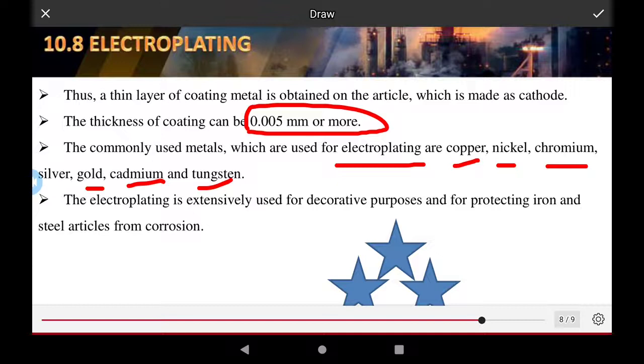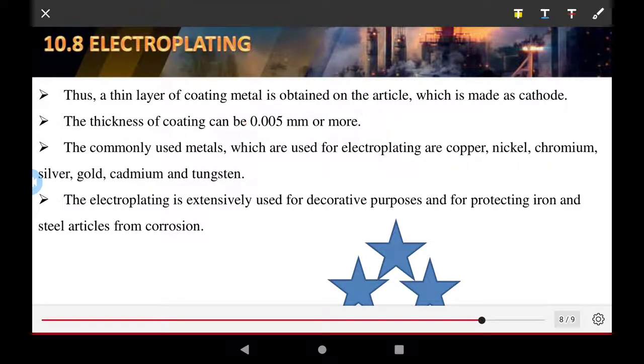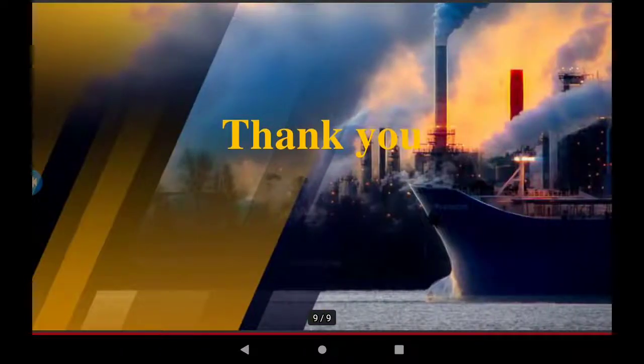This operation is used for protective purposes, protecting iron and steel articles from corrosion. This corrosion protection is a very important safety application for ferrous and non-ferrous metals on the surface. Thank you so much.